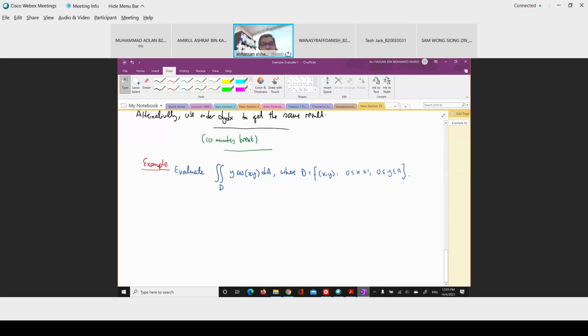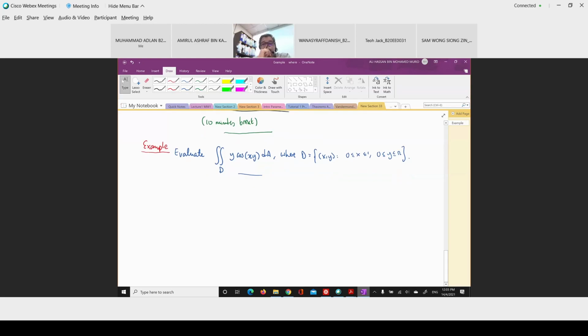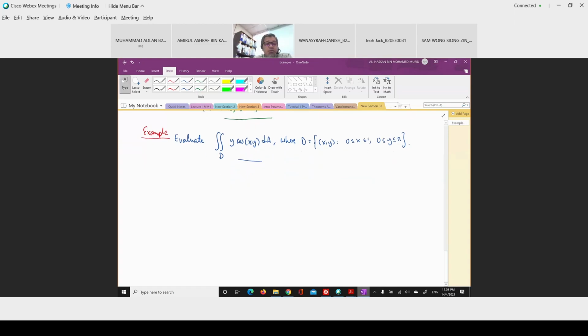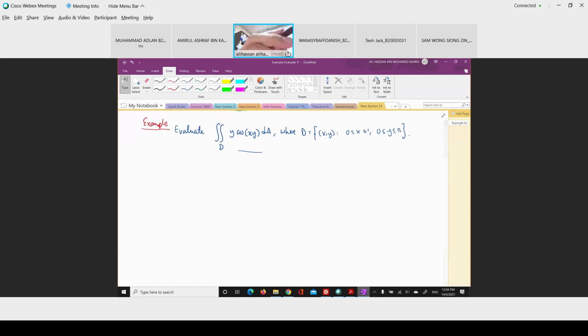So that is an indication that D is a rectangular region. Now, there are two possibilities: one is using the order dx dy, and the other is using the order dy dx.